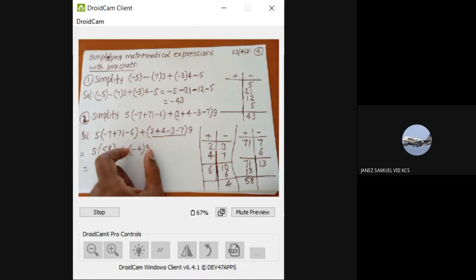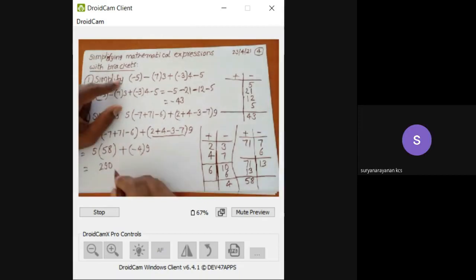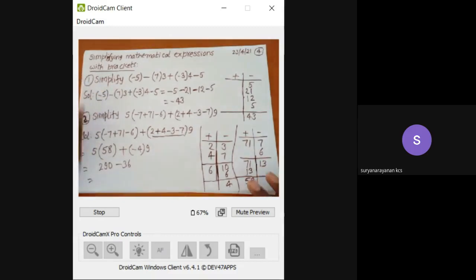Minus 36. Here plus is there, so we write the minus 36 as it is. By multiplying these 2 numbers, we get minus 36.